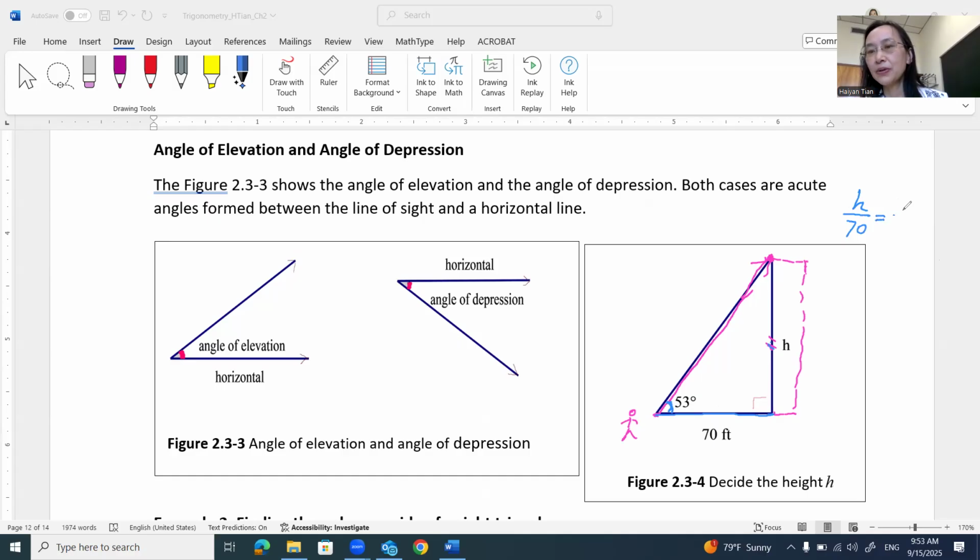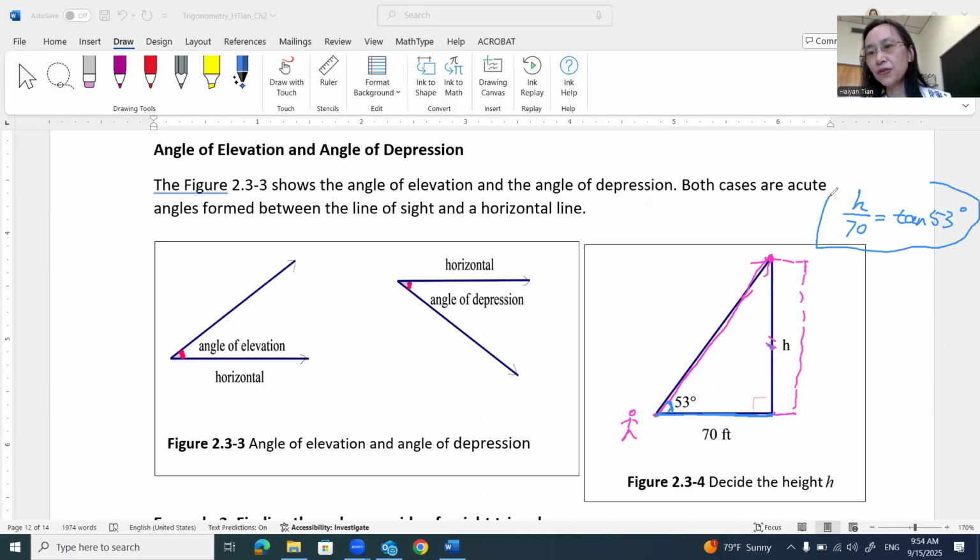Tangent 53 degrees. So we have an equation here. H is the unknown quantity to be found, the height of the building. In order to find it, you don't have to go measure it, right? You just use the angle of elevation and your horizontal distance from the building, and then you can get this equation.